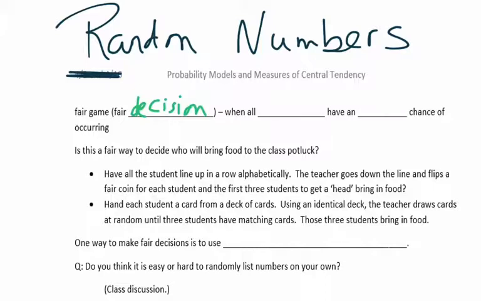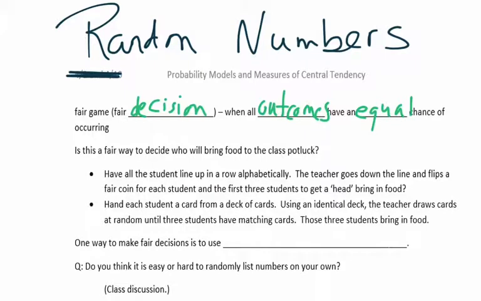If we're talking about a fair game or a fair decision, what we mean is this: when all of the outcomes have an equal chance of occurring. So on your next test, or on a multiple choice test, or anywhere you're asked whether or not something is fair, you need to come back to this definition and reference it.